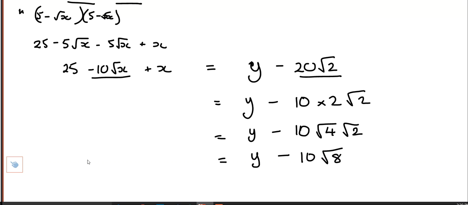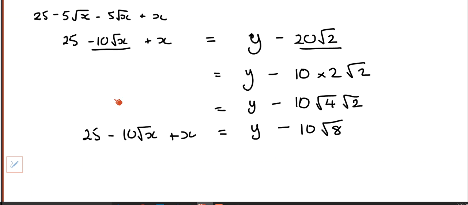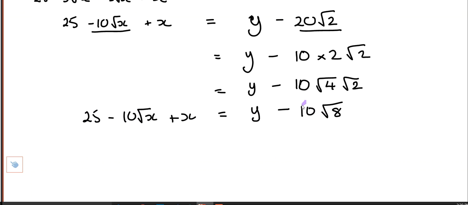Now, if I then write this back over here, 25 minus 10 root x plus x, now you'll notice that this is now 10, the same as this is. So I can now state that the 8 has to be the x. Why? Because I've got 10 root 8, 10 root 8. So now I have to write on this side, it's going to be 25 minus 10 root 8. The reason is because if that was not 8, this 10 with this 10, those two would not be able to be equal, and they told me at the beginning they are equal.